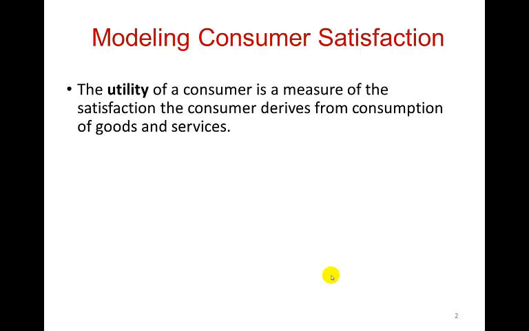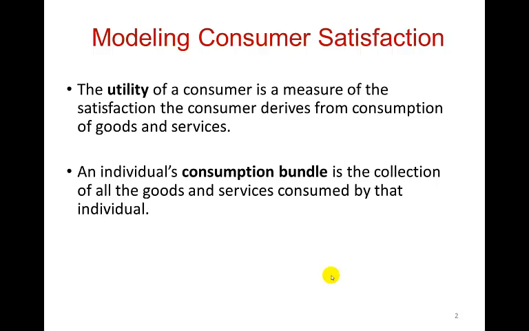So we could model consumers as getting utility from how healthy they are, from how educated they are, from their children, from their marriage. Anything that consumers could, quote unquote, purchase will give consumers happiness, and again we quantify this happiness with the concept of utility.